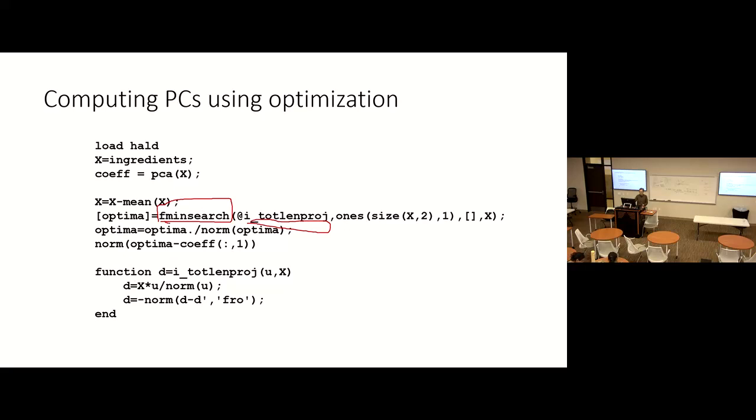But it searches for the minimum, so it only gives you the solution with the minimum value. So that's why in your objective function, you need to put a negative. It allows it to search for the minimum value, but it gives you the largest variability, basically. And you will see for this small example, the PCA solution and this optimization solution will be the same. Okay.